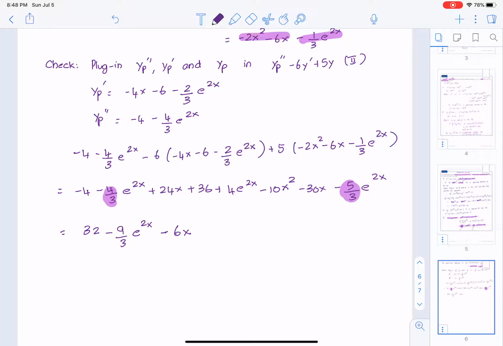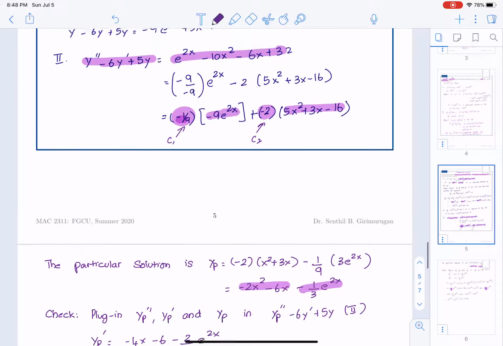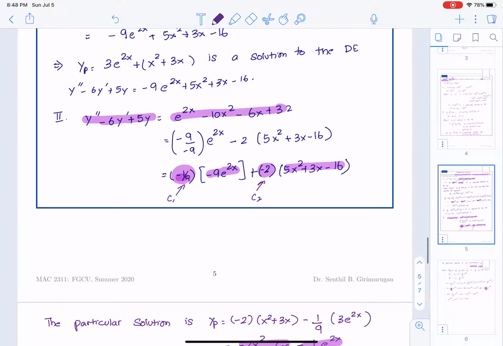And plus 4 e raised to x minus 10x squared. Well, 9 over 3 is 3, so negative 3 e raised to x plus 4 e raised to x is simply e raised to x. And the rest would be negative x squared, negative 6x plus 32. And that matches up with the right-hand side here.